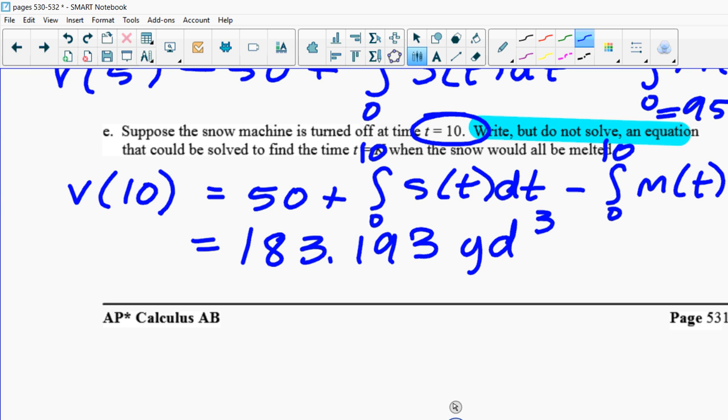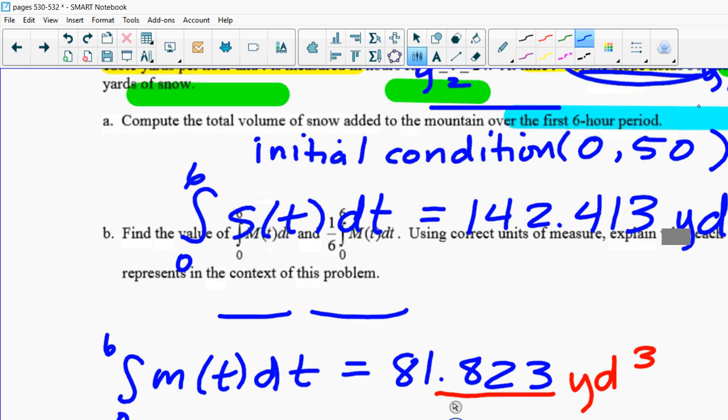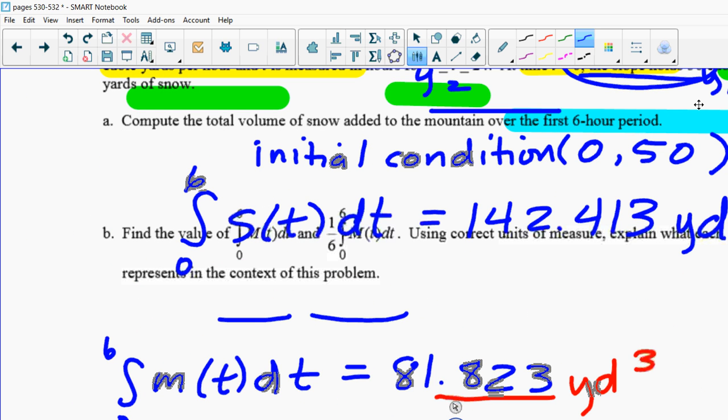How much snow is on the slope after 10 hours? That much. How much snow has to melt? That much. What are we going to do with m of t? That's right. I want m of t to equal this. Now do I want m of t to equal this, or do I want the integral with m of t to equal this? Because m of t was a rate.